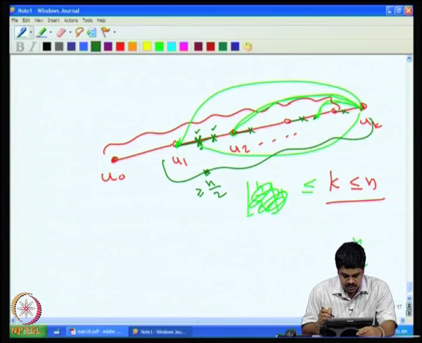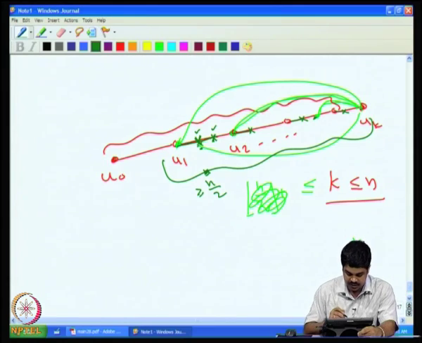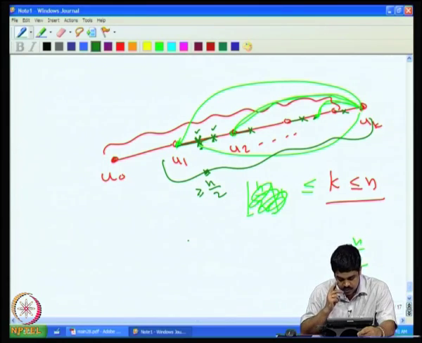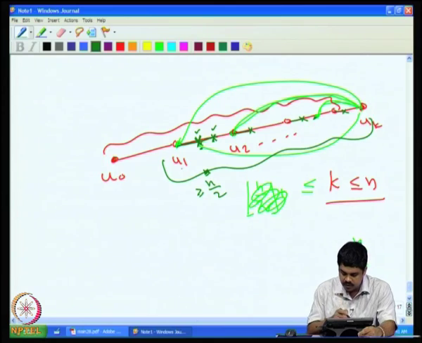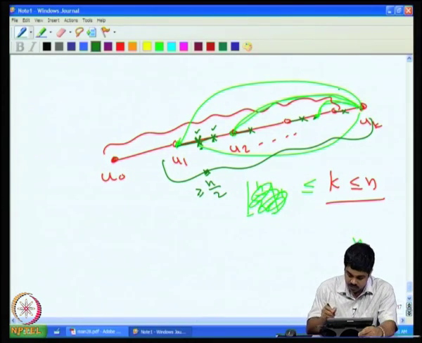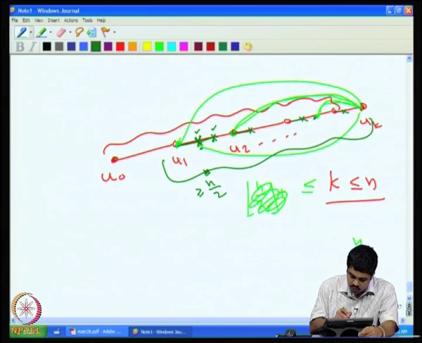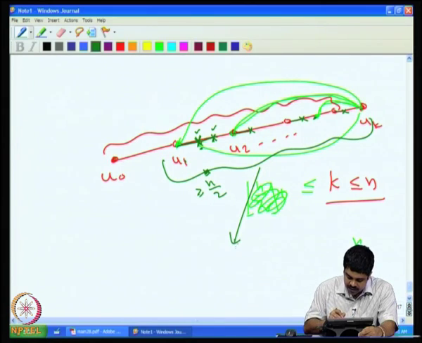In that case, because we have already considered at least n by 2 such positions, and u0 itself cannot be a neighbor of itself, k can be at most n minus 1. So u1 to uk can be a total of n minus 1 positions.